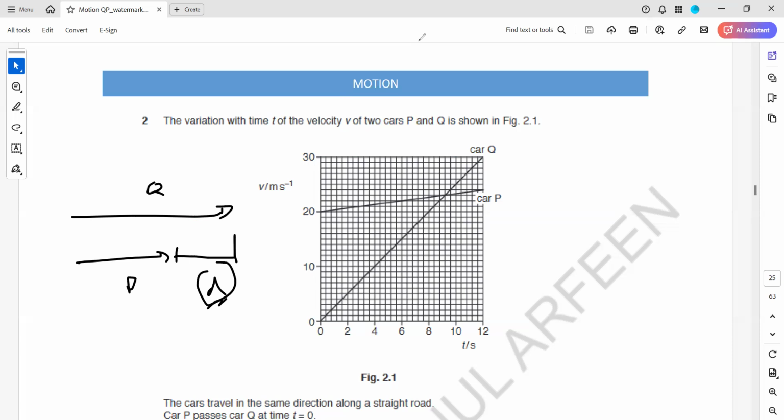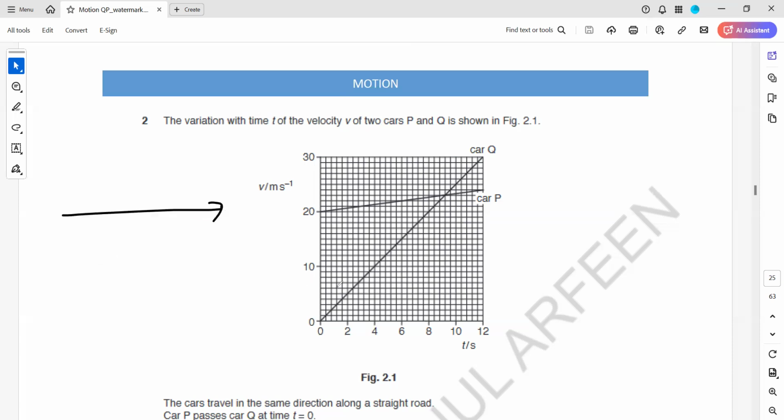For example, this is just an example, not the right answer: Q covers 180 meters and P covers 260 meters. So how much distance is between the two cars? I'll just take the difference.